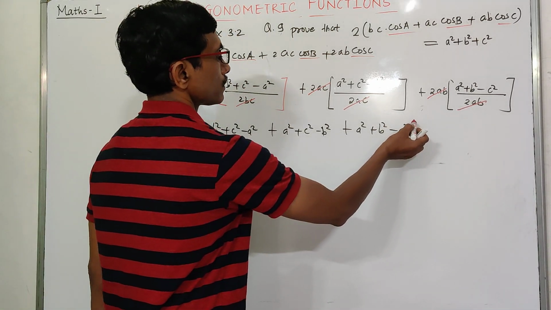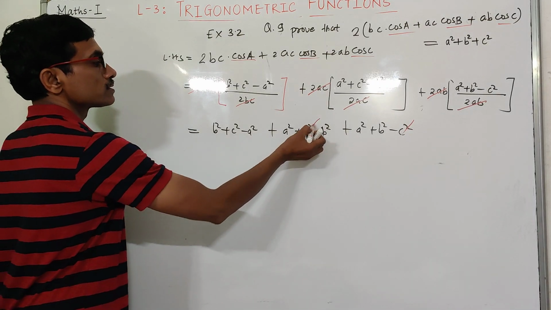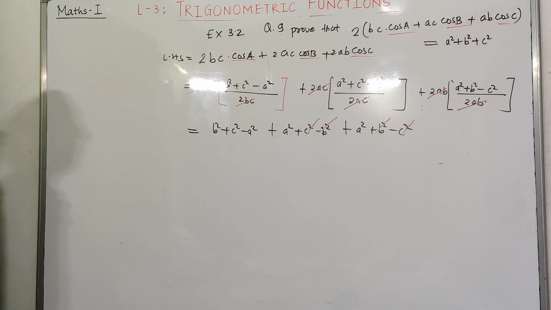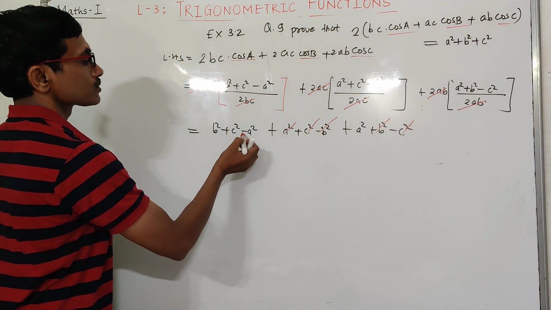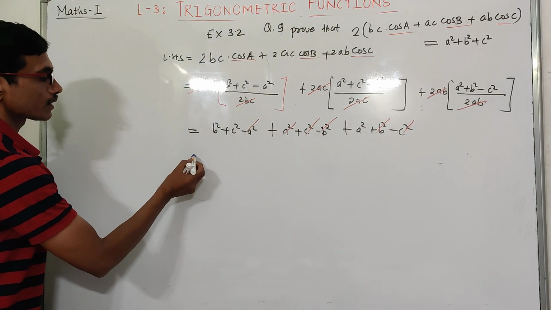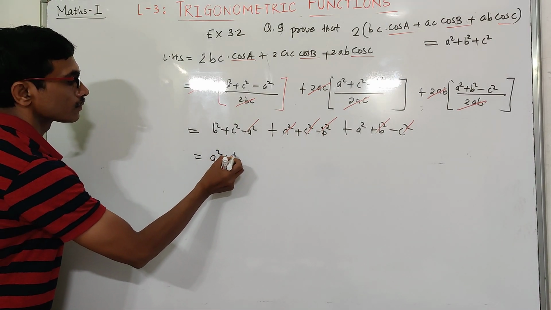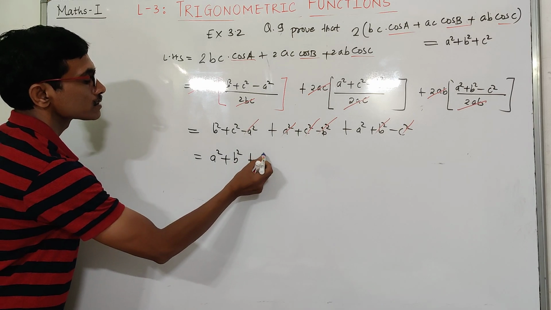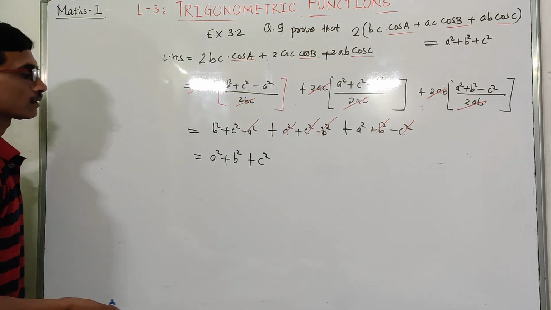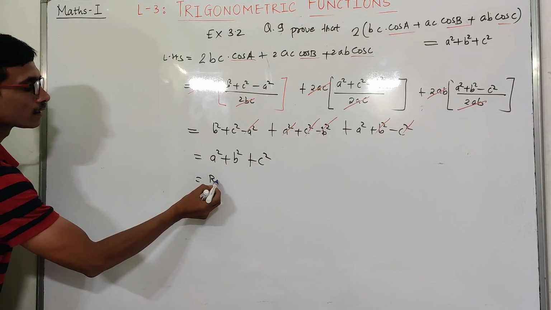Then minus c square and plus c square cancel, minus b square and plus b square get cancelled, and a square and minus a square get cancelled. What is left? a square plus b square plus c square. Only this is left, which is to be shown as the right hand side, RHS.